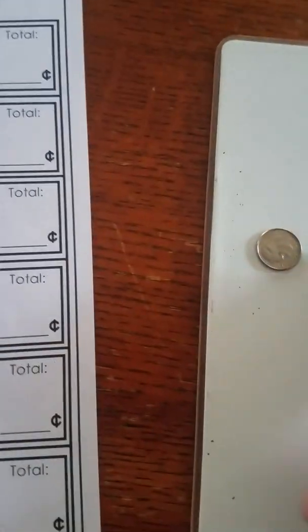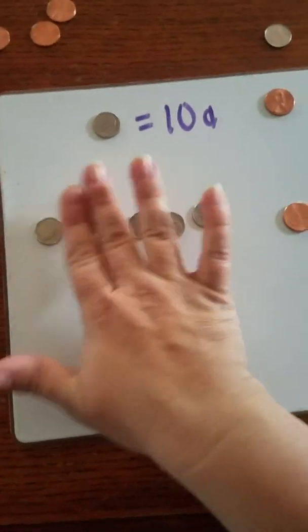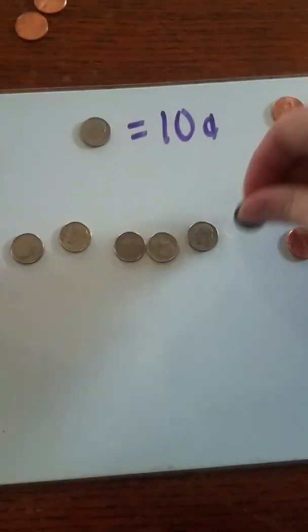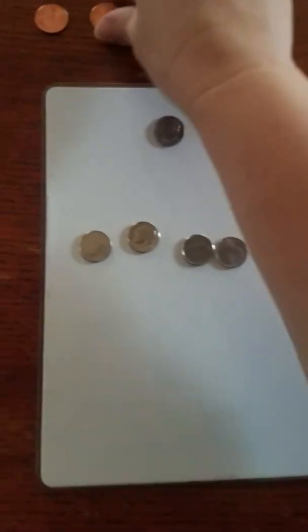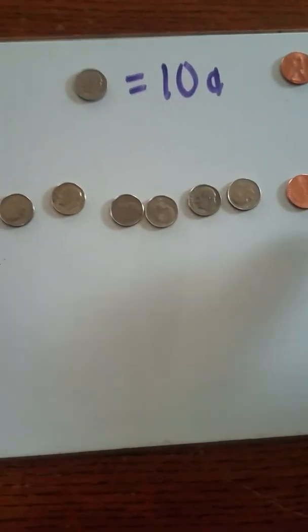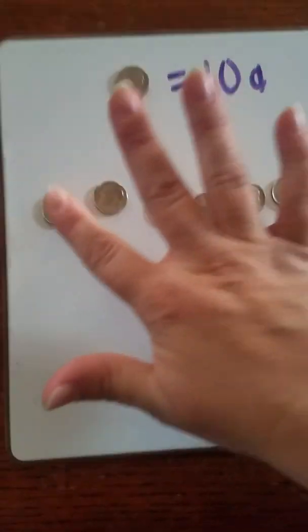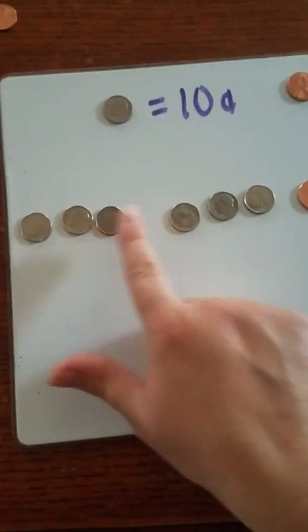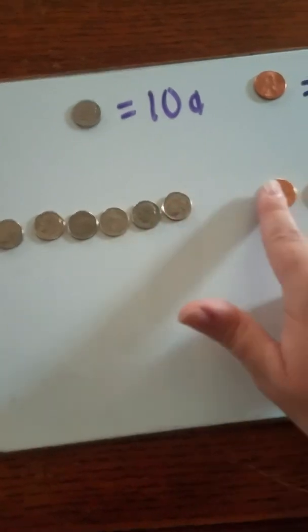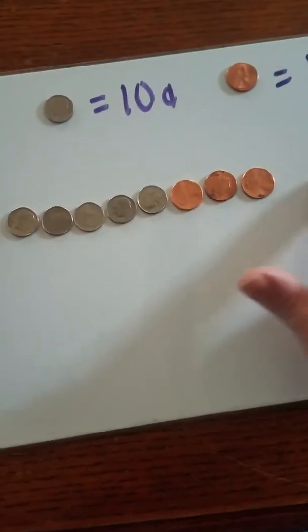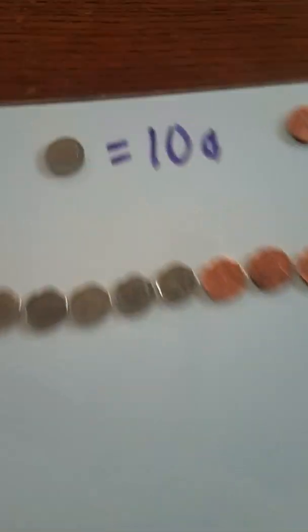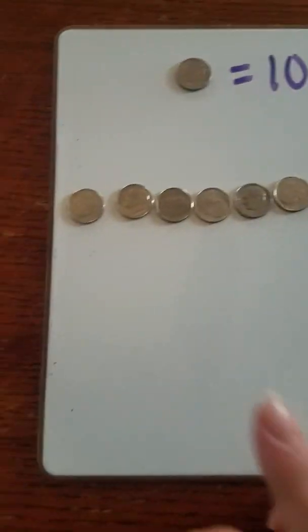Okay, let's do another one real quick. Okay, so I'm going to keep these dimes that I have, and I'm just going to add a few more dimes and a few more pennies. Let's put them a little closer because that is a long line of coins. Okay, let's go back to my chart. A dime is worth 10, a penny is worth 1. So let's count and see how many coins I have now.